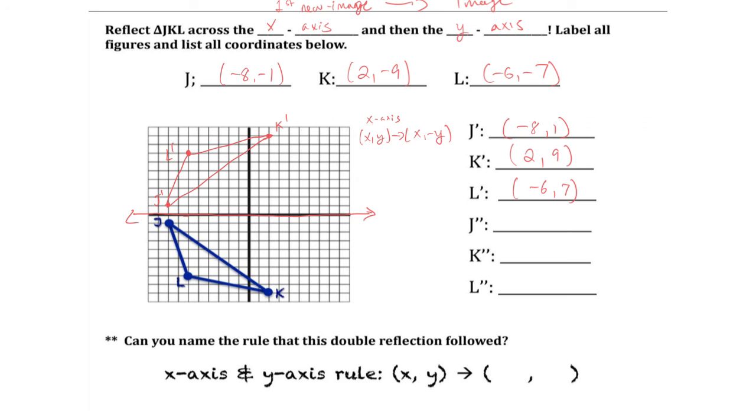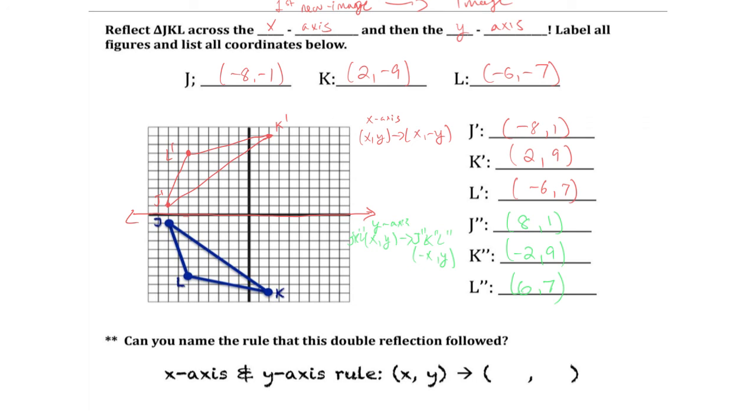All right, now we'll do our reflection over the y-axis. So now we're going to change our primes, J prime, K prime, L prime, to J double prime, K double prime, L double prime, and we take the opposite of x now. So we get (8, 1), (-2, 9), and (6, 7). Let's plot those, and then we are done.